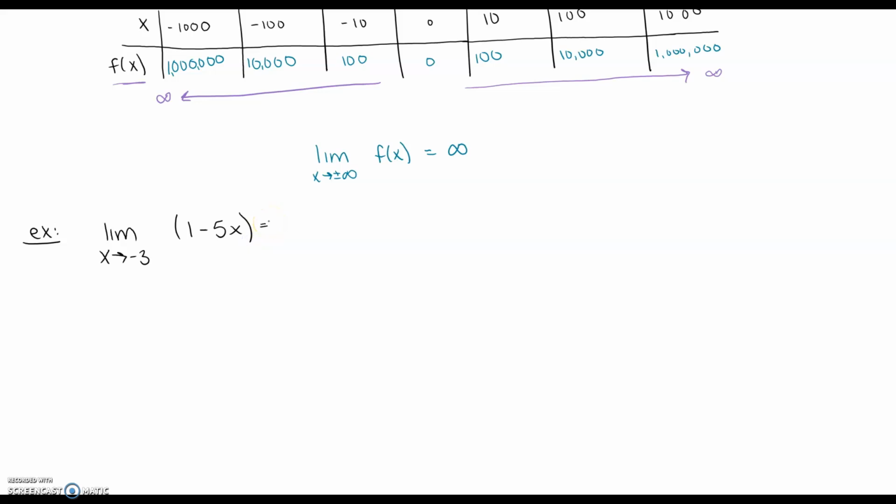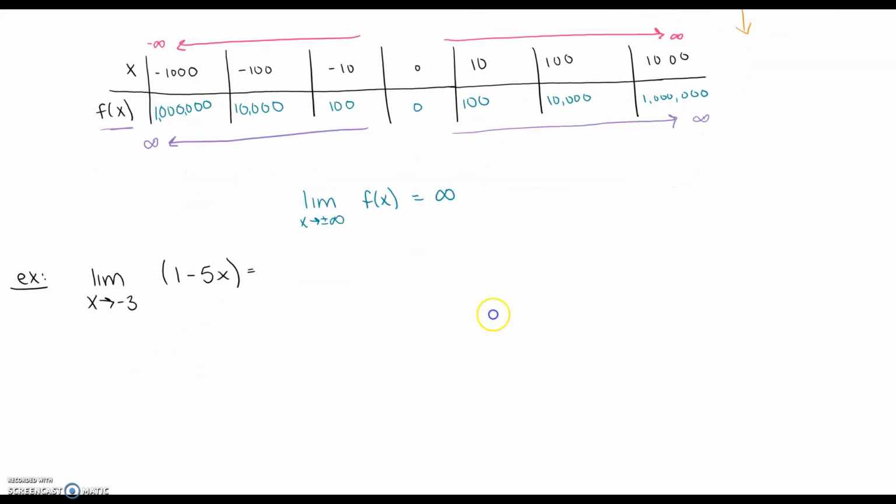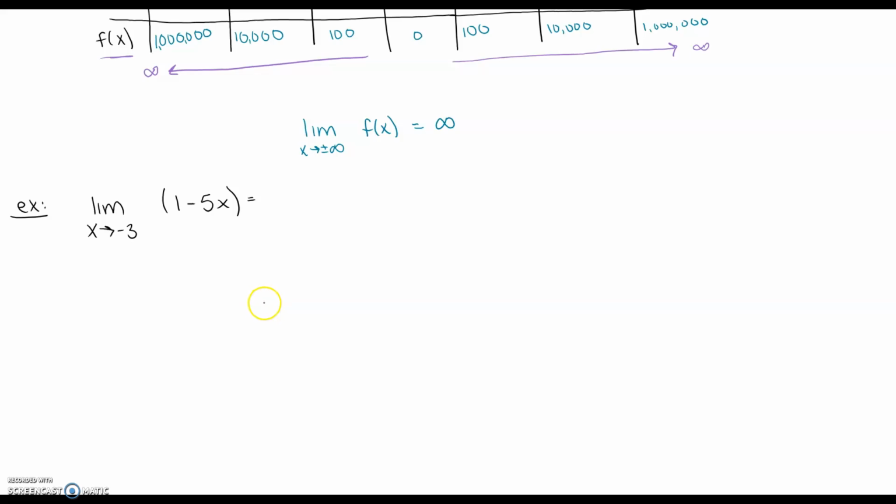So I'm just writing it a little bit different. Last time I said f of x and then put f of x here. That means that this is our f of x function. So first step, make a table. Now we're asking if it approaches -3, so that's what goes in the middle of the table.